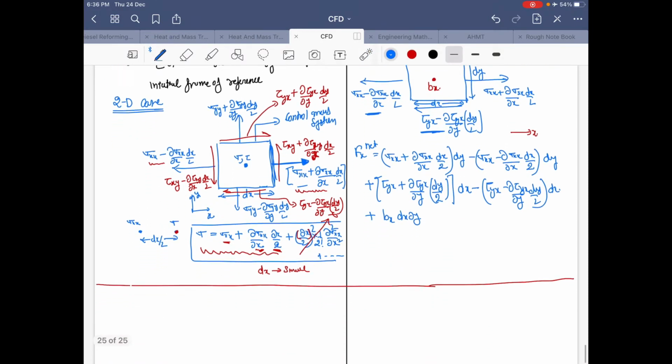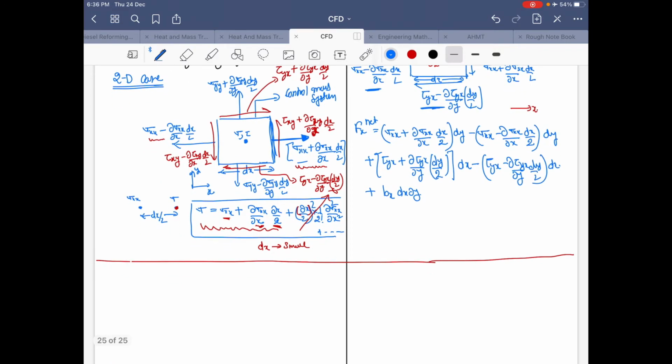So now let's simplify this one. So I will have force net in x direction equal to sigma xx into dy.